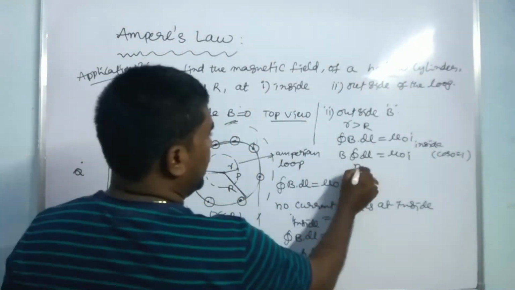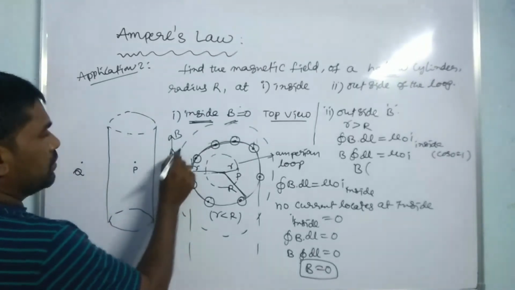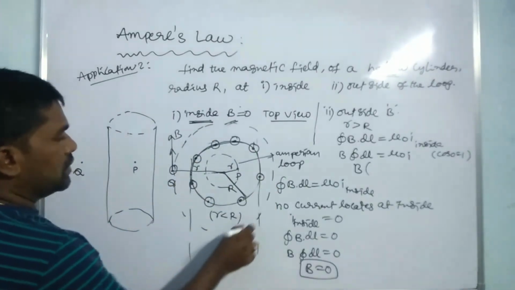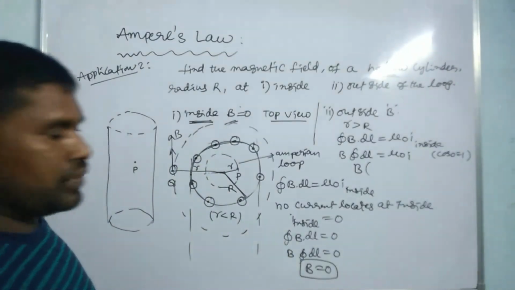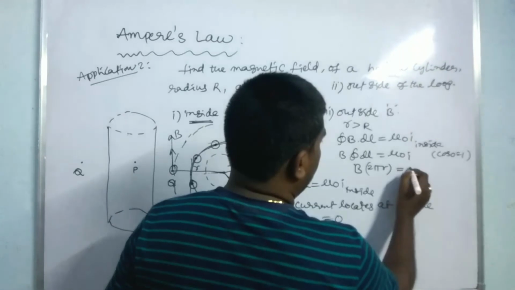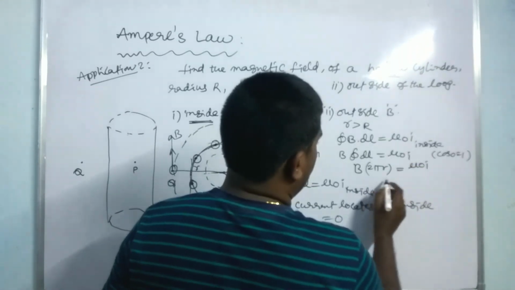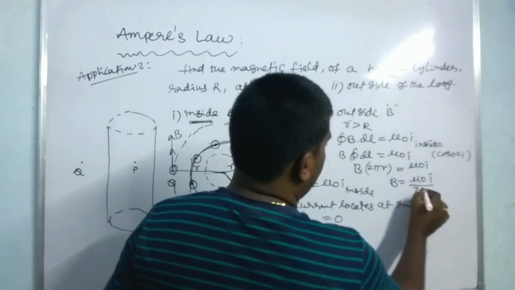Okay. So B integral of dl, that is nothing but the integration of the dl elements, which gives the circumference of the circle, that is 2 pi r. So 2 pi r B equals mu naught I. So B is equal to mu naught I by 2 pi r.